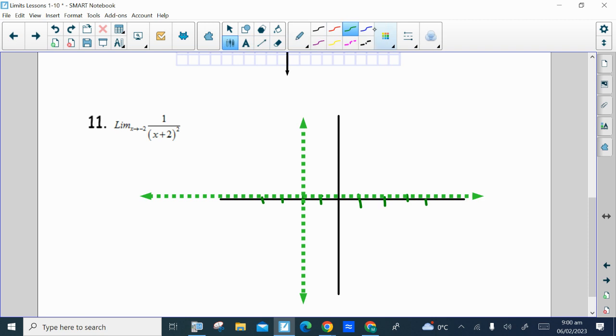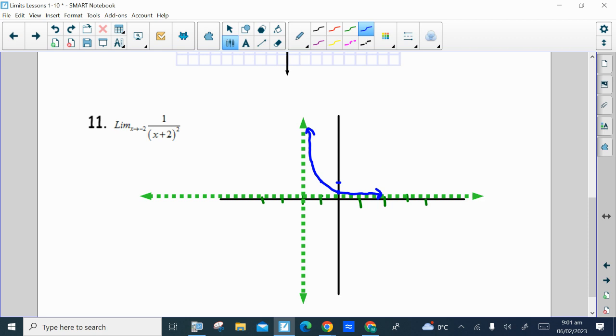So that's really, really close to the horizontal asymptote. When x is -1, -1 plus 2 is 1, squared is 1, you're going to get 1 over 1. So that's that point there. So this just again shows us that the one arm of the graph would look something like that.